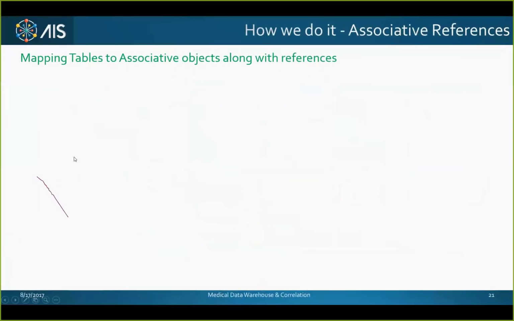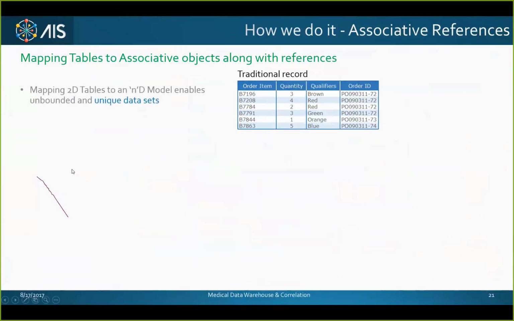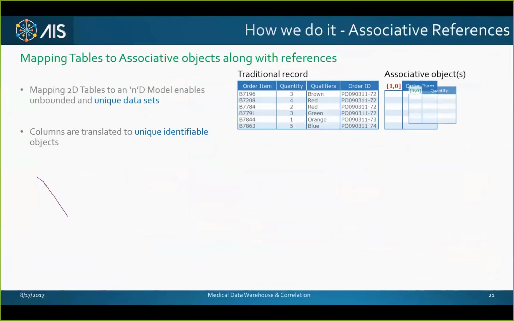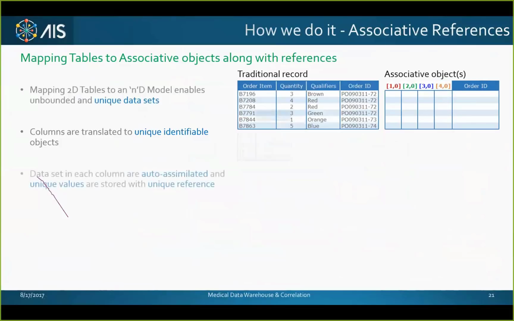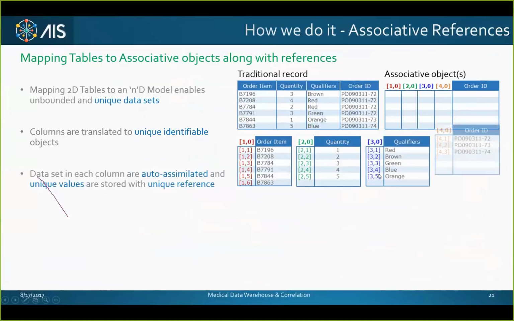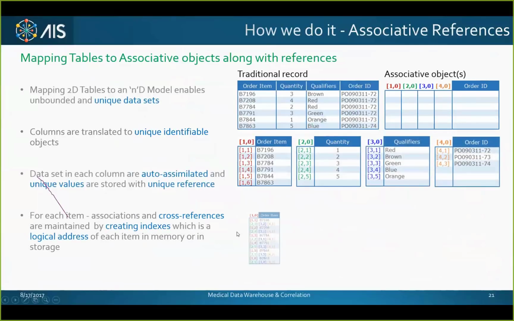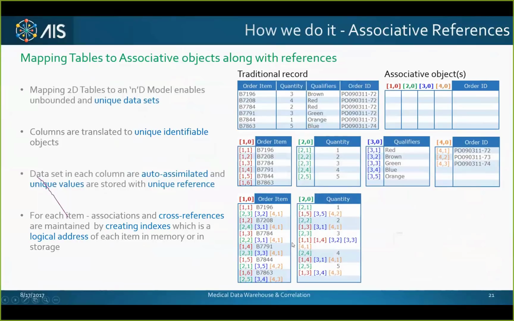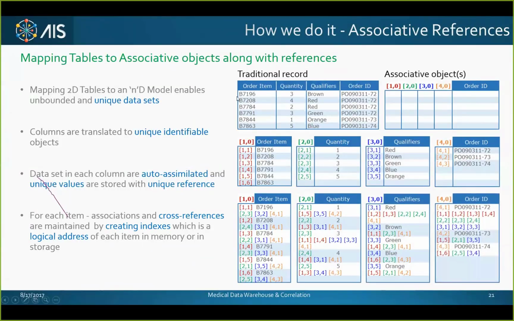Now, mechanically, how this particular solution that we have at present works is essentially you're taking a traditional record set, and you're creating associative objects for each column. You're deduplicating each of those columns, and then simply recreating the indices representing these records. Now you'll notice in the first record over here that I have a value of 114879196.